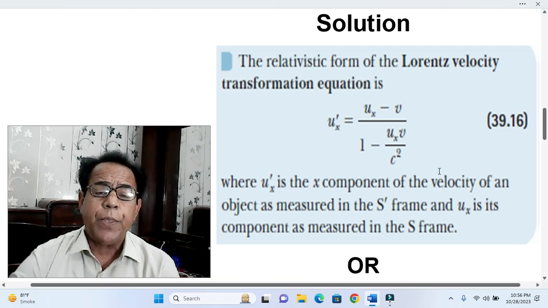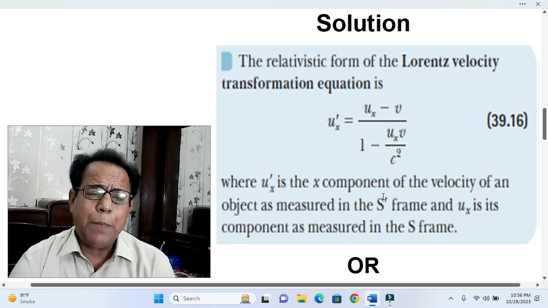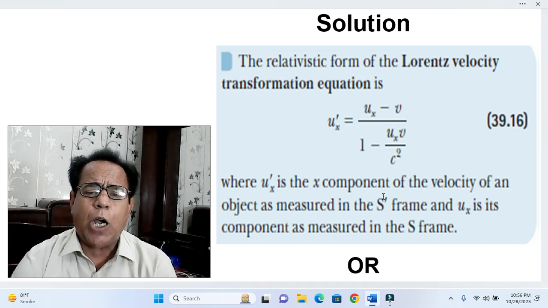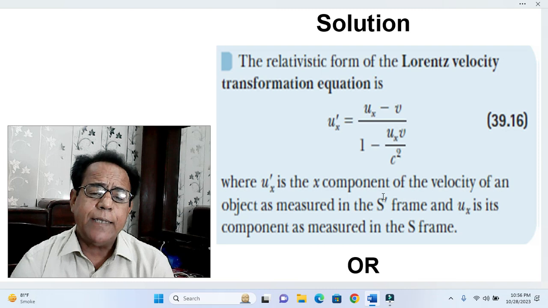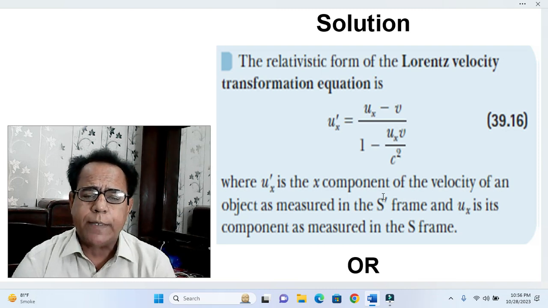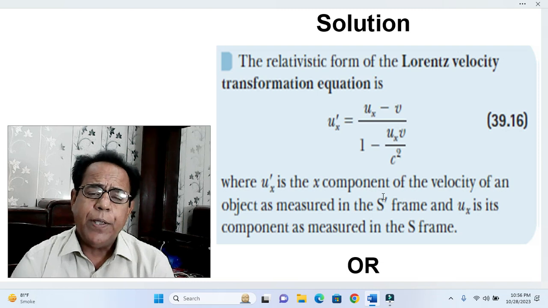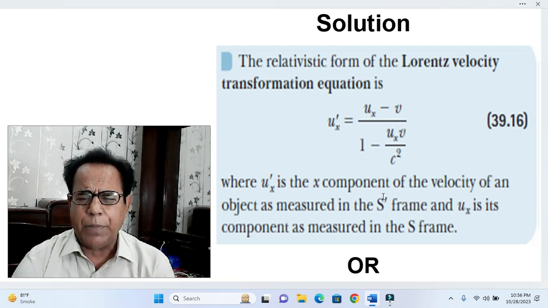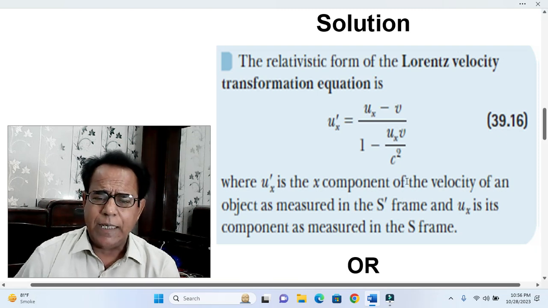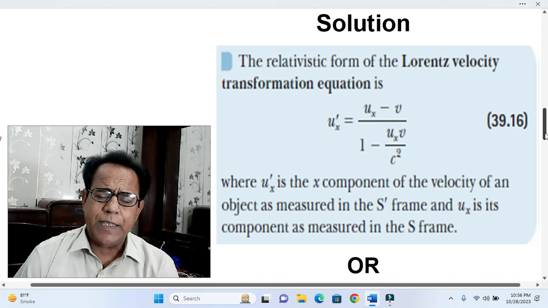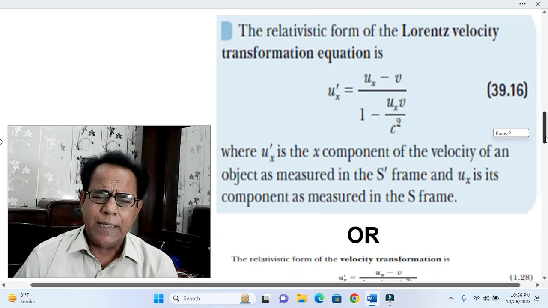Dear students, this snapshot says the relativistic form of the Lorentz velocity transformation equation is u dash x is equal to ux minus v over 1 minus ux v over c square. I do not remember for the time being from which book this snapshot has been chosen. I think perhaps this is Physics for Scientists and Engineers by Gianni Mosca.